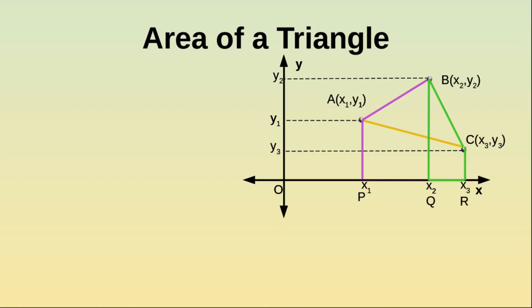So let's try to put this together. So the area of our triangle ABC is equal to the area of APQB plus the area of BQRC minus the area of APRC.